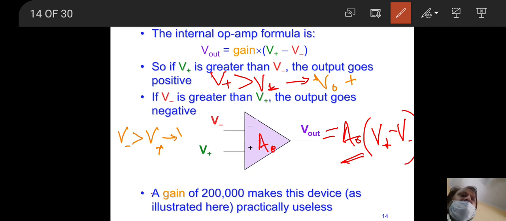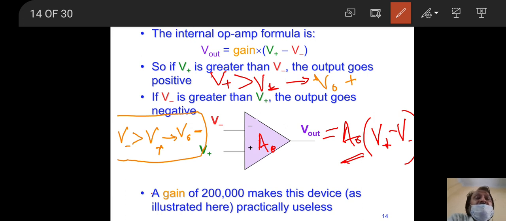So V naught is less than the terminal voltage. V negative is greater than V positive, and this is considered as V out being negative.